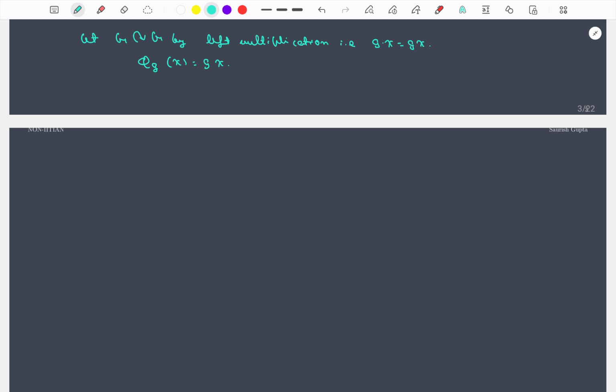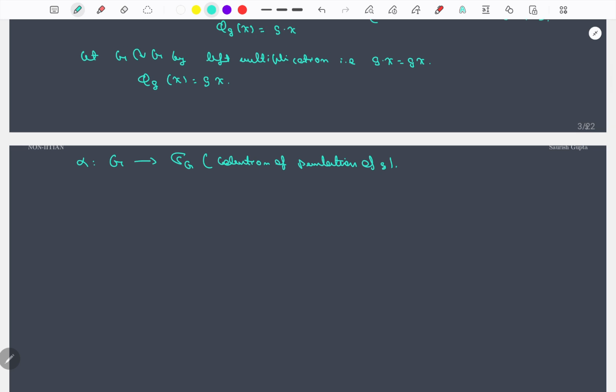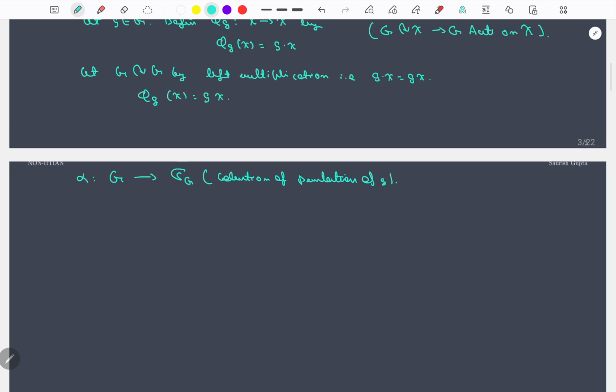So now what you can probably do from here is the following. You can take a map, let's say alpha, from G to the permutations of G. So this is how I typically write it down. So this is the collection of permutations of G, because something which you can observe from here is that phi G actually permutes the elements of G, right?